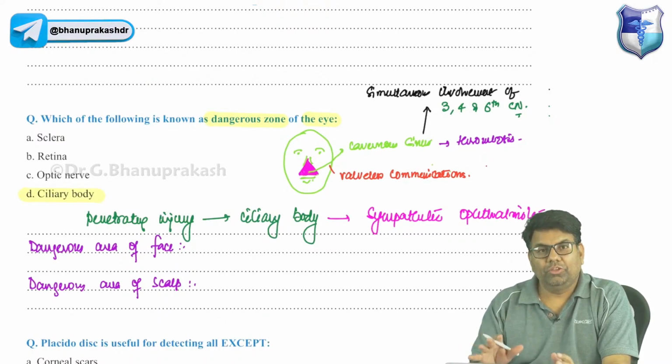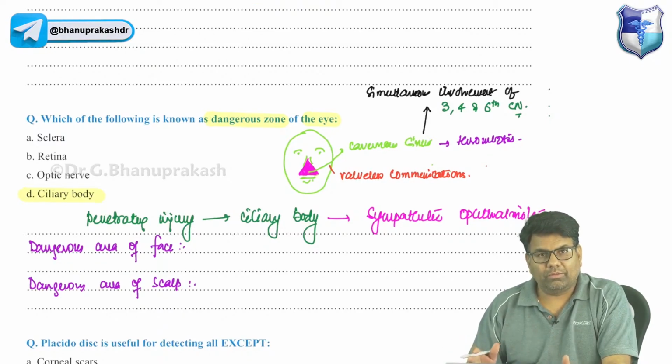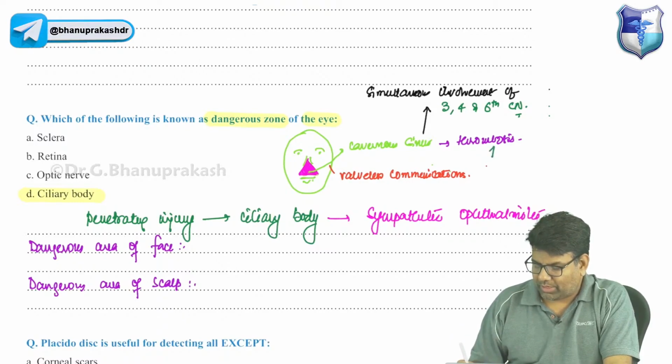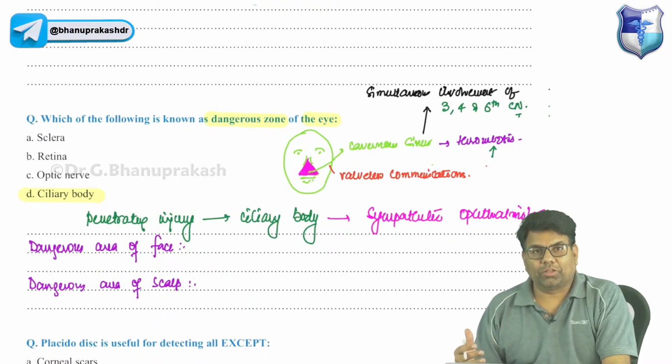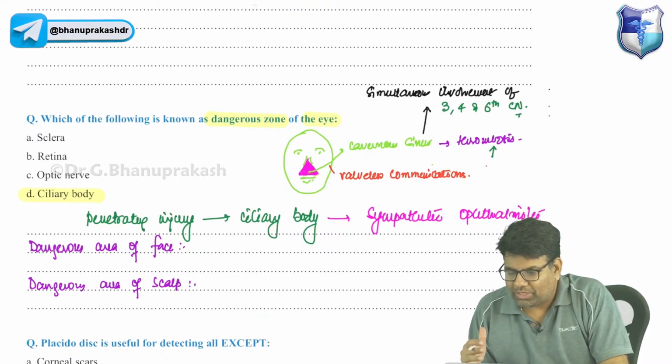That is a very unique situation where we see involvement of all the 3 nerves at one time. Otherwise, it is very rare to see involvement of all the 3 nerves. Right? So this is one important presentation which makes us suspect the possibility of cavernous sinus.